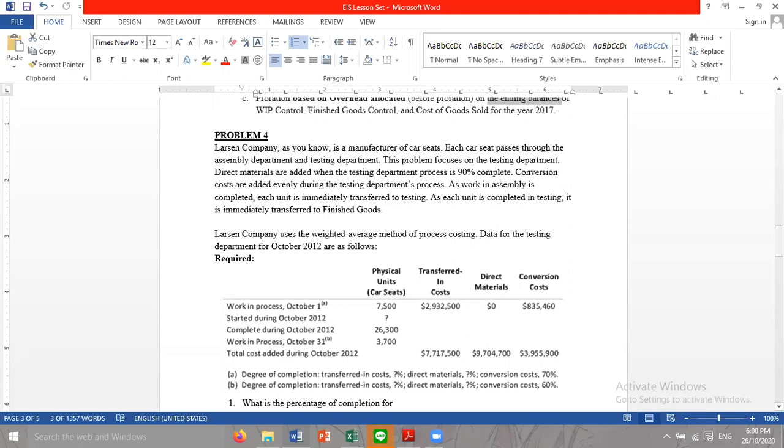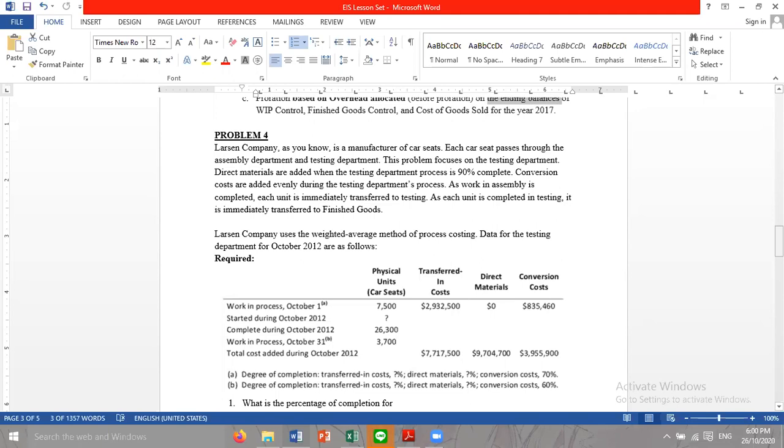Now, usually in a process costing system, we'll calculate cost through 3 different categories. Usually 2, but it can be 3. The first one is direct materials. The second one is conversion cost, and the third one would be transferred in cost. Transferred in cost is quite unique, in which we usually treat it as a separate type of direct materials added at the beginning. I'll elaborate more on that as we go through the problem.